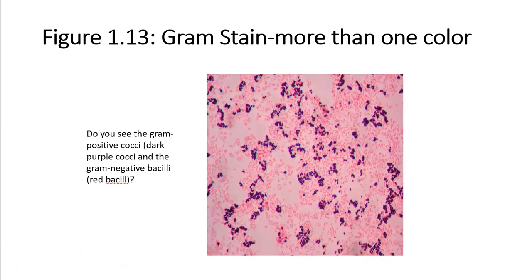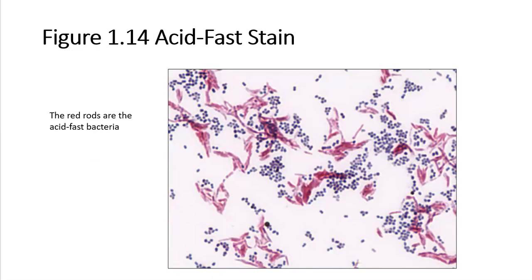Okay. Another one that's done is the acid-fast stain. This we are looking for primarily tuberculosis, or maybe looking for leprosy, but primarily it's tuberculosis. We're getting sputums, and we're looking for acid-fast bacilli because that's what tuberculosis is, and we'll talk about it.